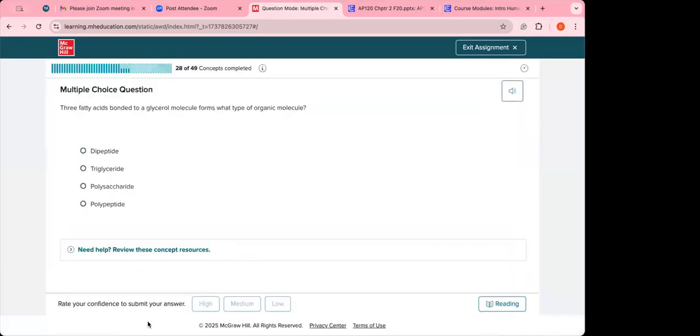The 3 fatty acids bonded to a glycerol molecule form what type of organic molecule? 3 fatty acids plus glycerol. Dipeptide, triglyceride, polysaccharide, or polypeptide.